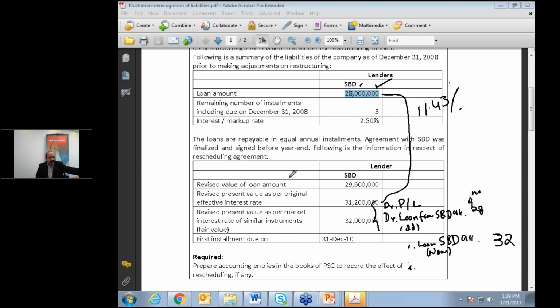And our next question is from Qasim Ali. Can you please elaborate the effect of unwinding of discount effect on total liability each year? Qasim, I have not mentioned anything about the unwinding.